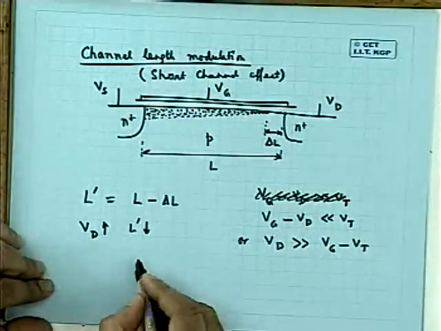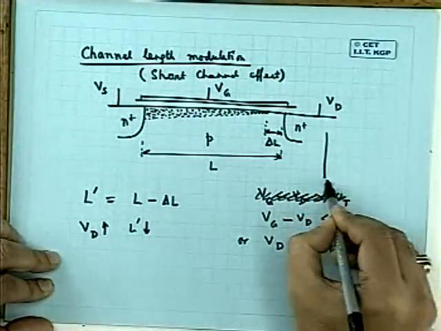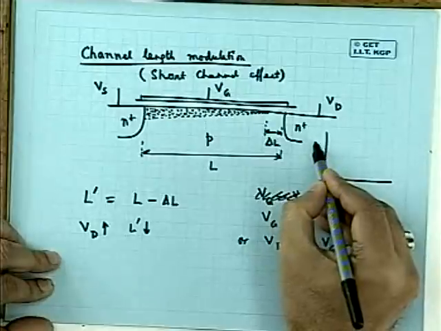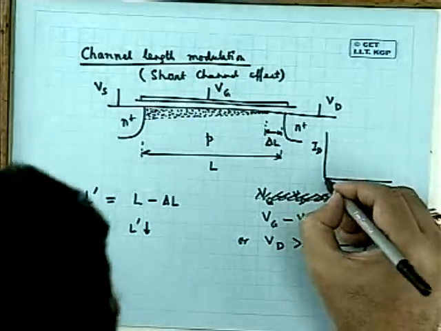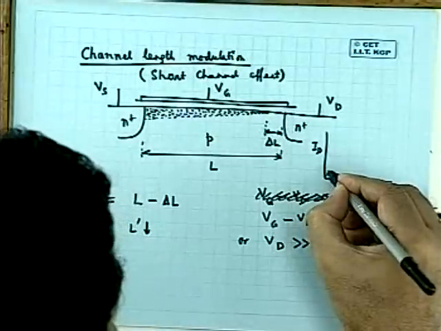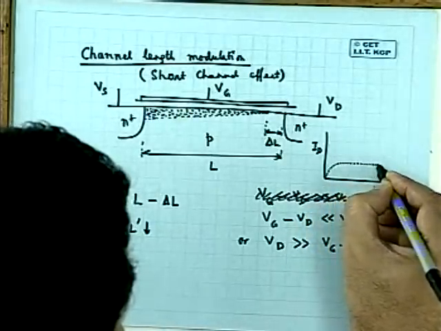And as a result, the ID-VD characteristic which I have plotted earlier, for the long channel case the curve is something like this.